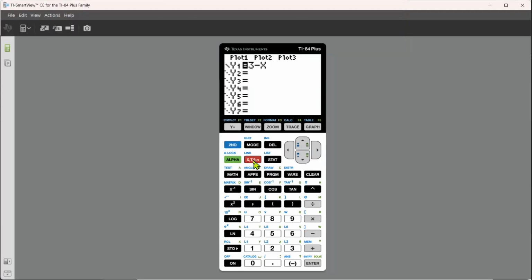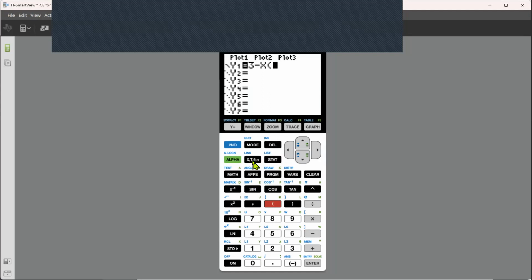I'm going to open a parenthesis here, and I'm going to go to x. And I'm going to go to the math menu. No, I'm not. I need to find something that says test.